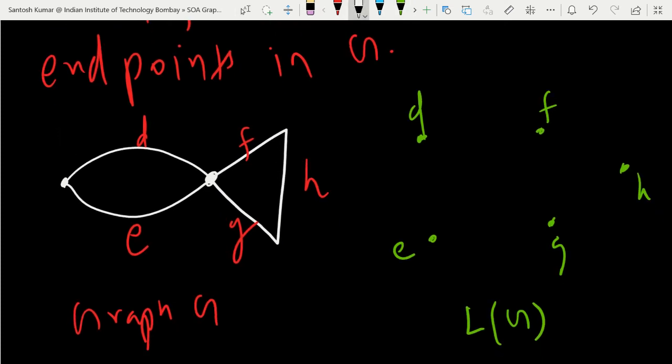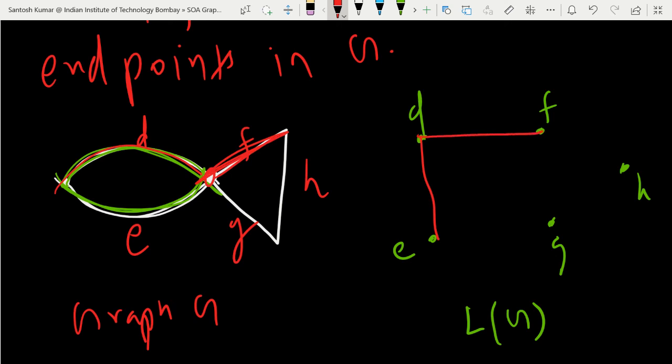Now, how will you join them in the line graph? You will make an edge if two edges in graph G have a common vertex. Look at edge D and edge E. Do you see a common vertex between them? Yes, so you will have one edge between D and E. D and F have a common vertex, so there will be an edge between D and F. D and G also share a vertex, so we make an edge.